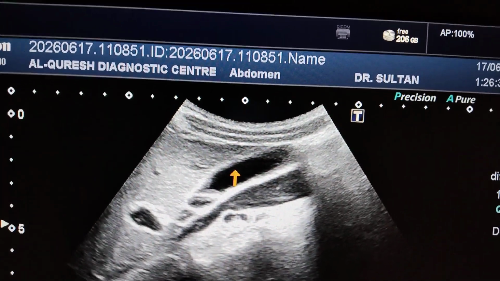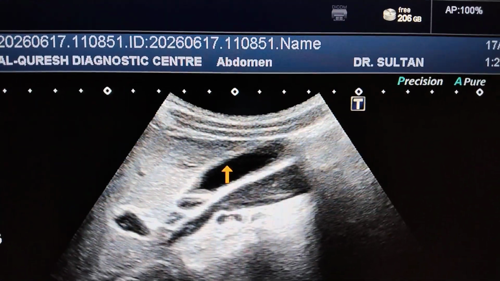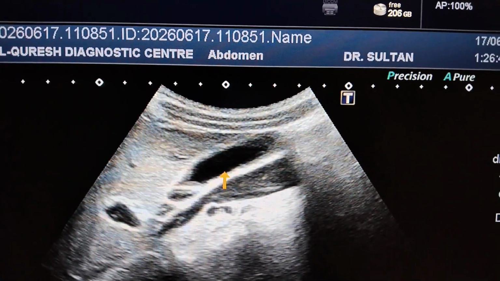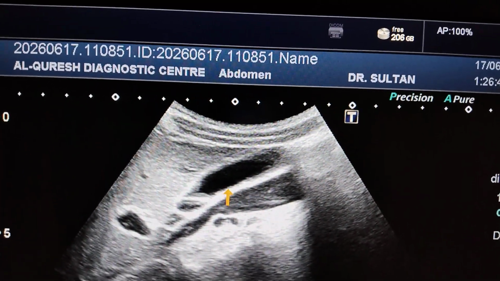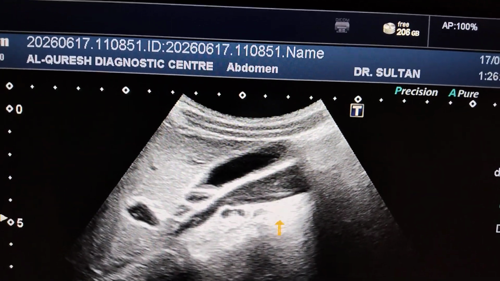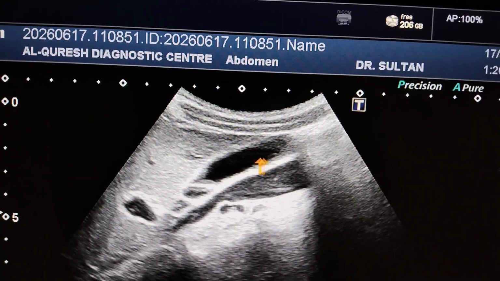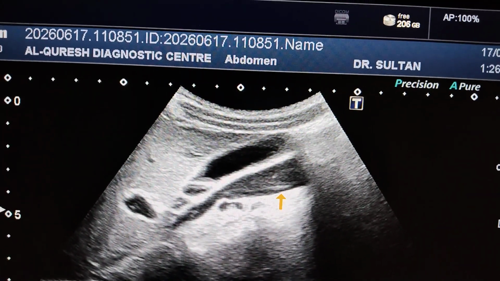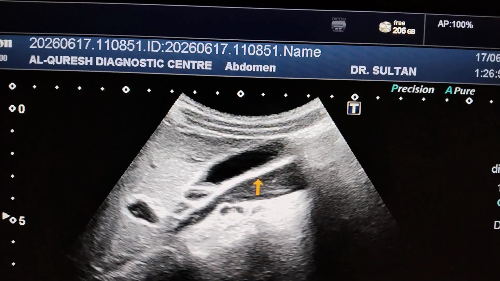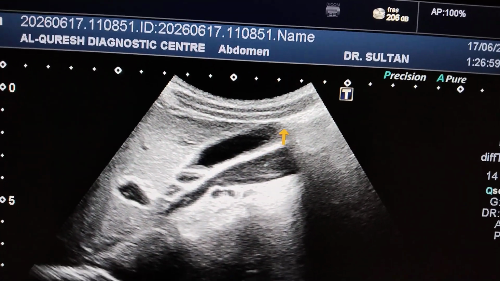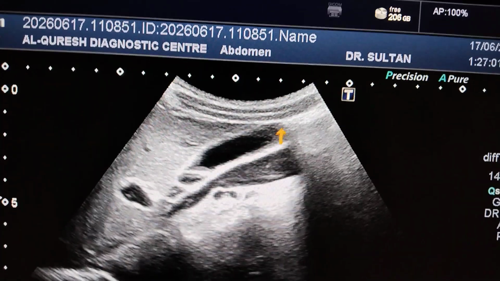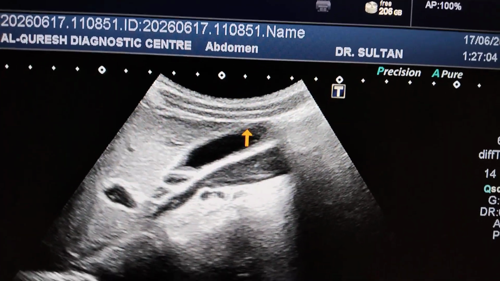It should be clearly black and aqueous, and it should give posterior acoustic enhancement, like we are seeing here. This is the enhancement behind this structure. It is called posterior acoustic enhancement, which is an artifact of the ultrasound.